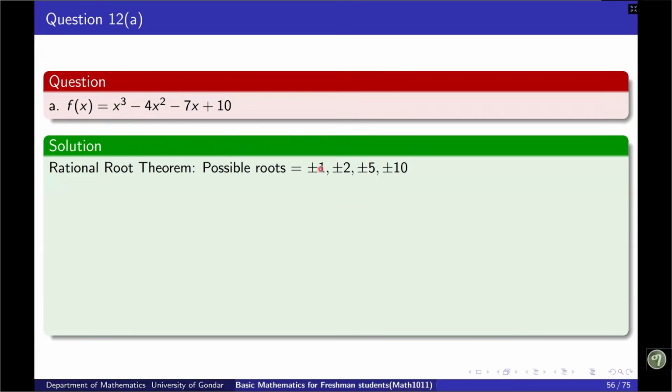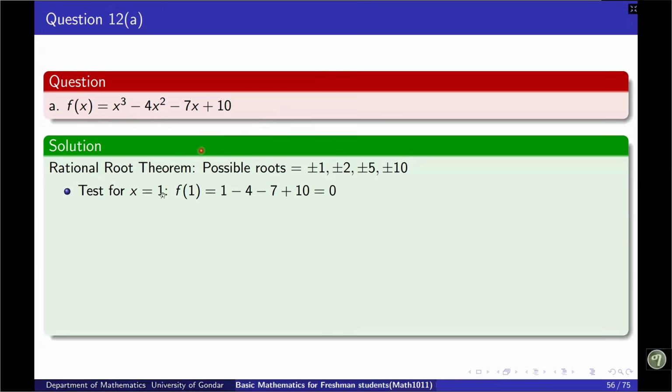Therefore, when we combine the factors of 10 with the factors of 1, all the rational roots of this polynomial function cannot be outside these numbers. In order to distinguish which of these rational numbers are roots, we have to check each of them by substituting for x and checking whether f of x is zero or not.